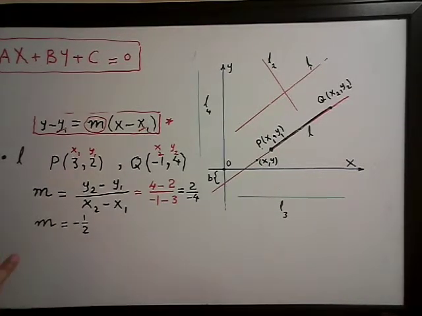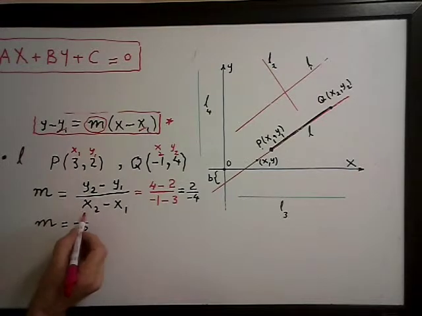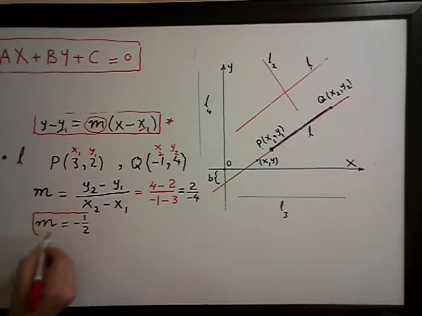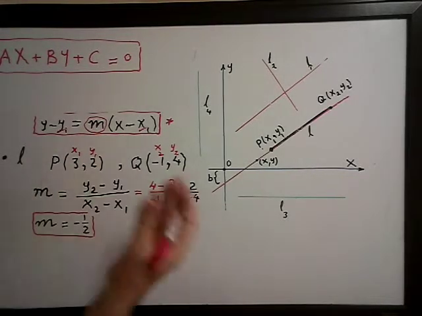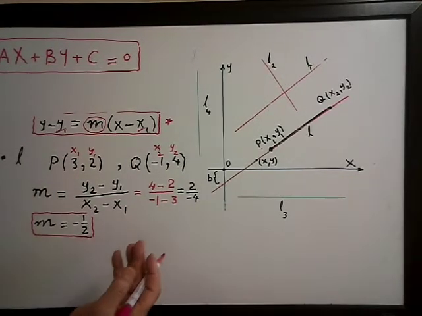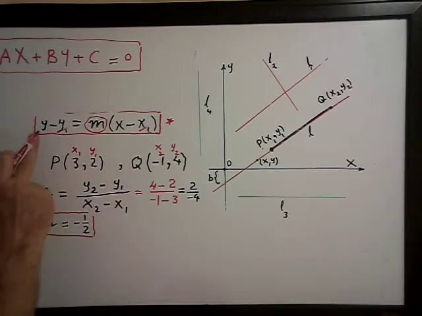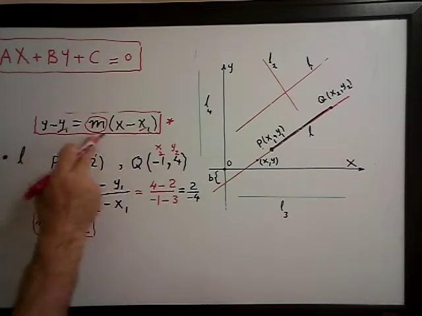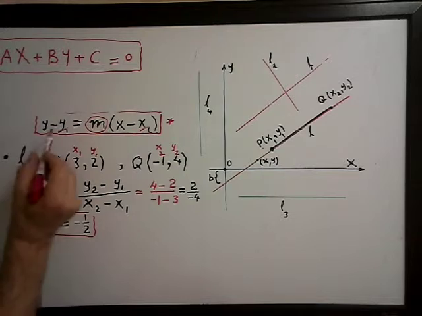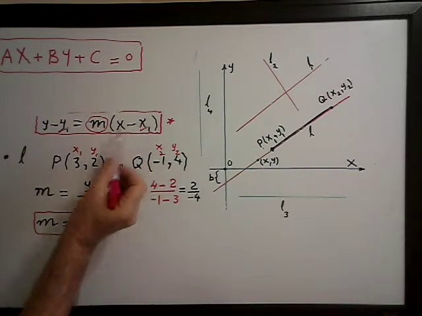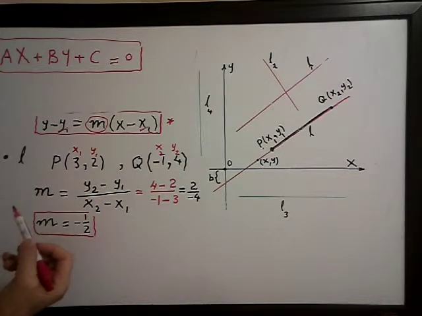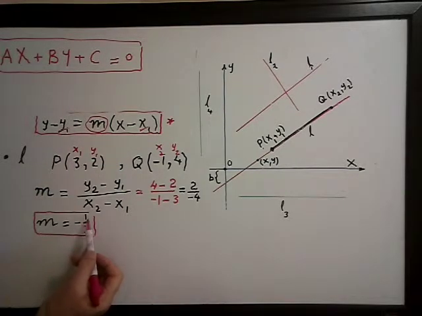So as we found the value of the slope, then we can apply, as we did in the last example, the rule here. Consider y1 is 2, x1 is 3, and m is -1/2.